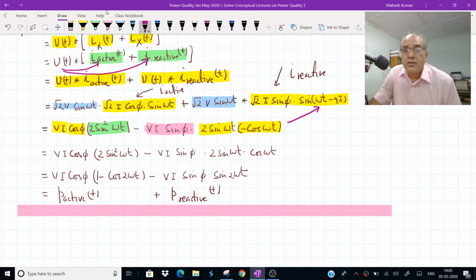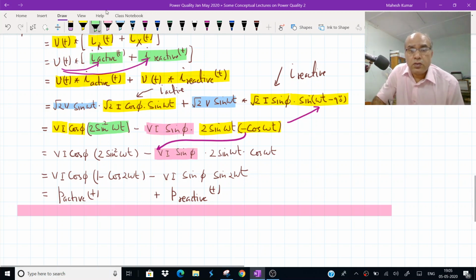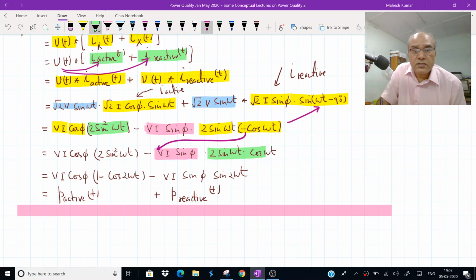So the sign will come here, and it becomes VI sin phi into 2 sin omega t cos omega t, and here it is VI cos phi into 2 sin square omega t.